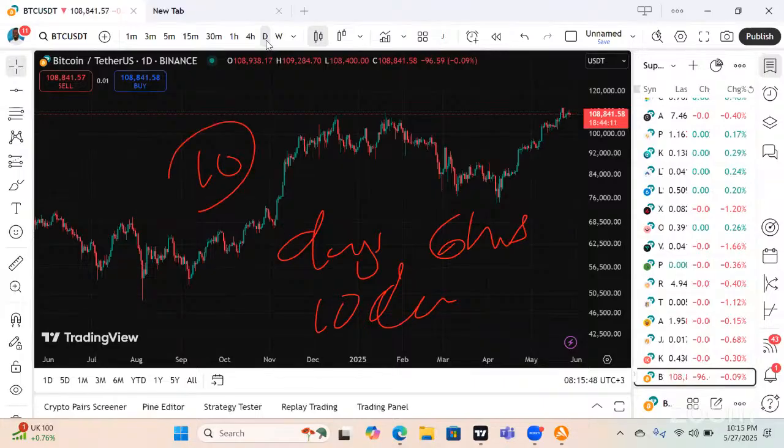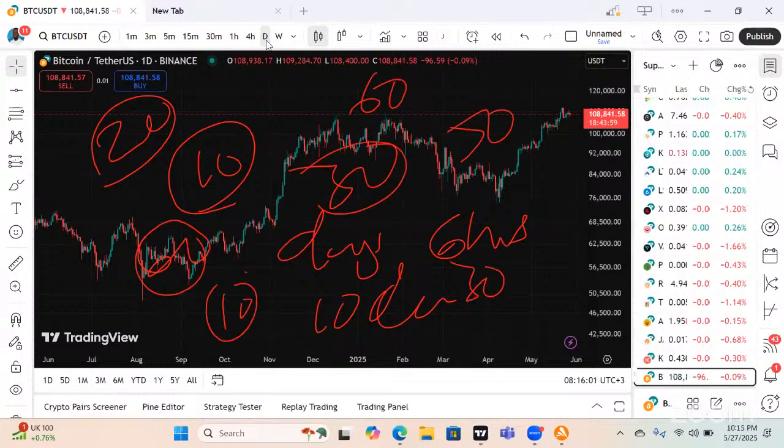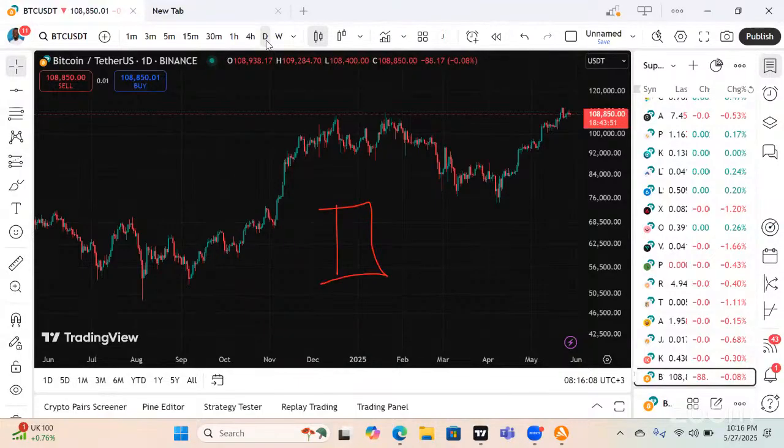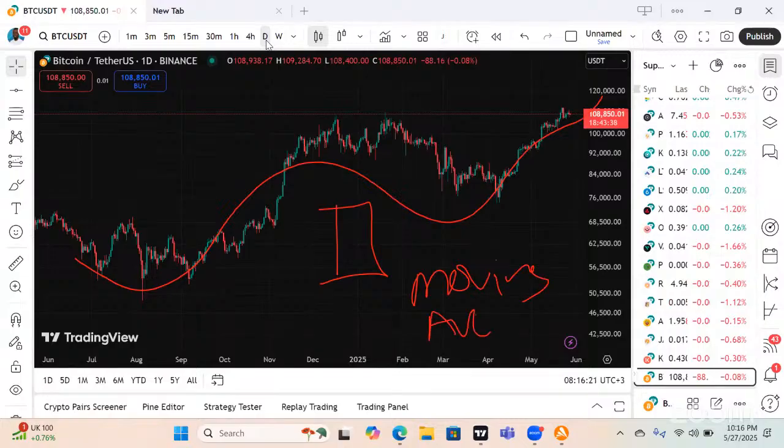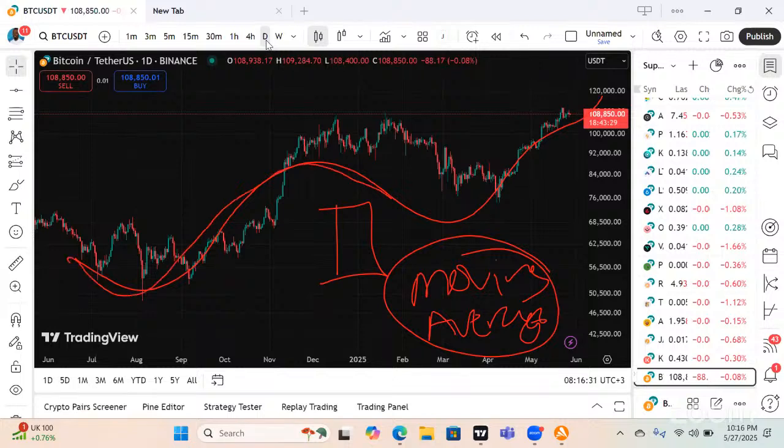Maybe 10 candles, 20 candles, 60 candles, 30 days, 60 days, and it gives us an average. And instead of giving it to us as a candle, it draws a line like that. That's why it is called moving. It moves. Then average, because it provides an average price. And so we call it a moving average, a line that moves, giving an average performance of the candles.